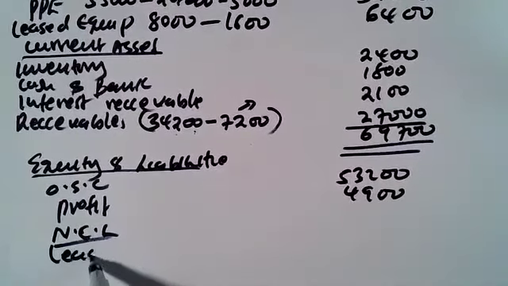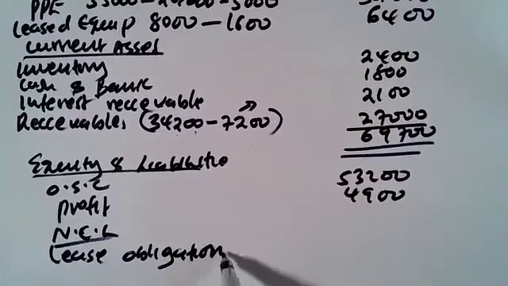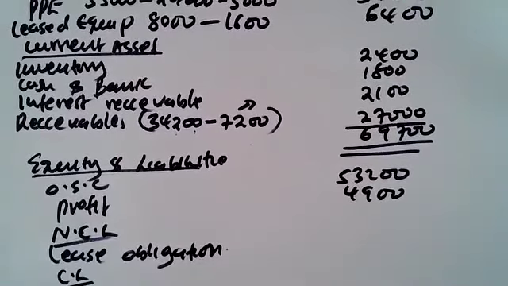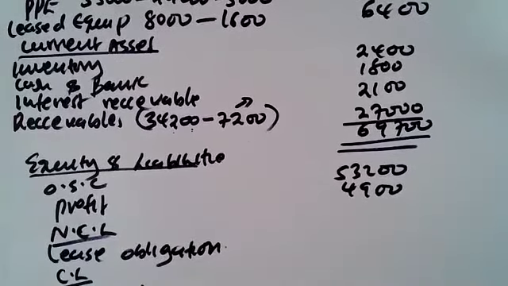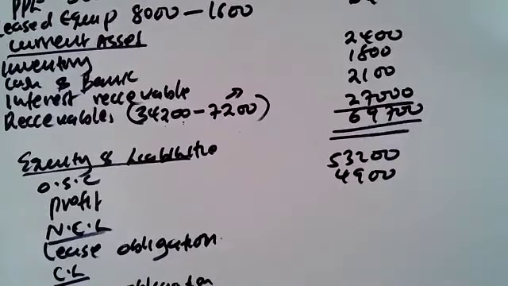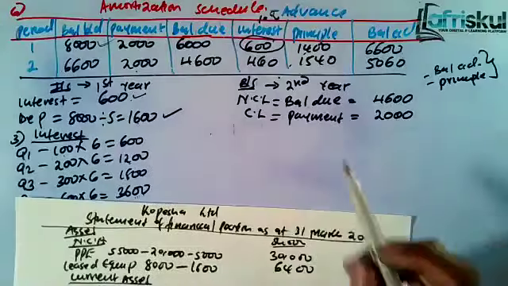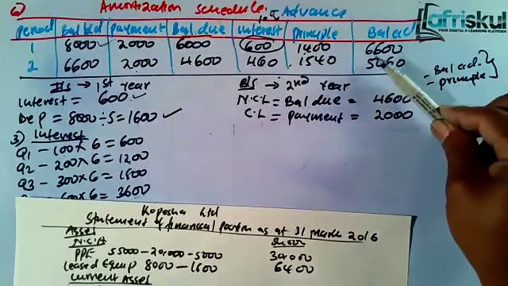There is lease obligation. Then we go to the current liability. Still we have lease obligation, and then we have account payable. So let's go back to the lease. Under lease, we did it as the first working.